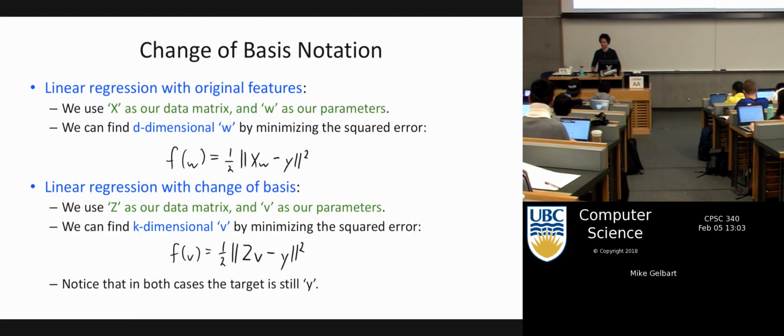Ali asked, when we add a column of ones to X in order to give us an intercept, do we change D? I've been a little sloppy about this and don't really have a convention that I'm sticking with.